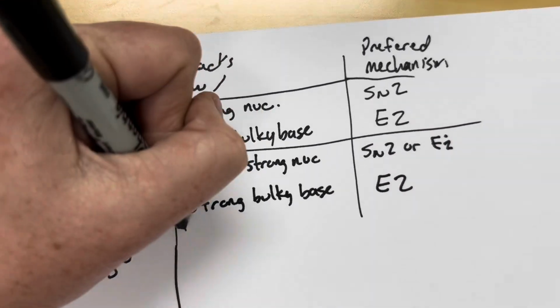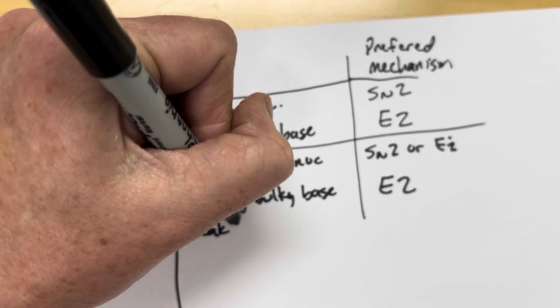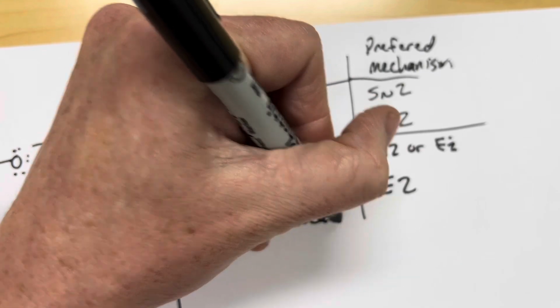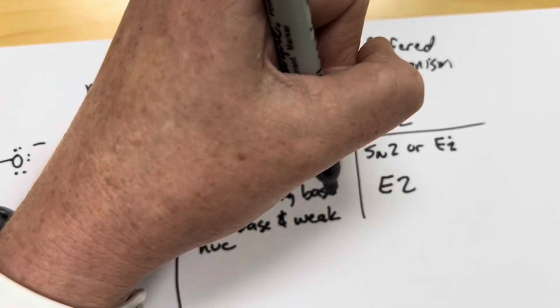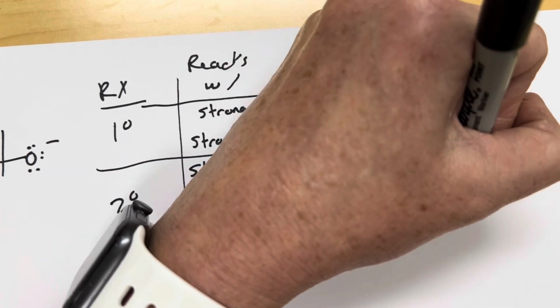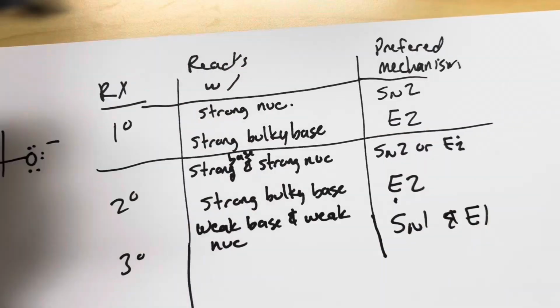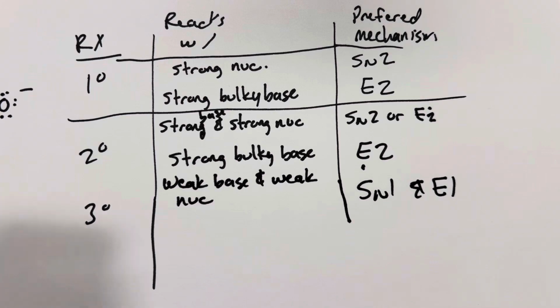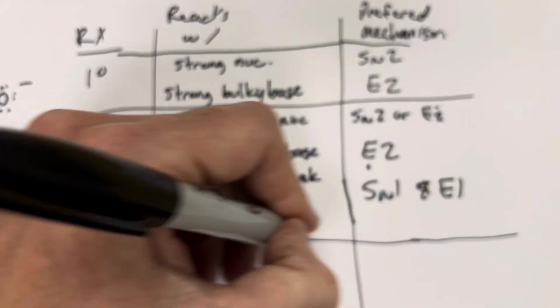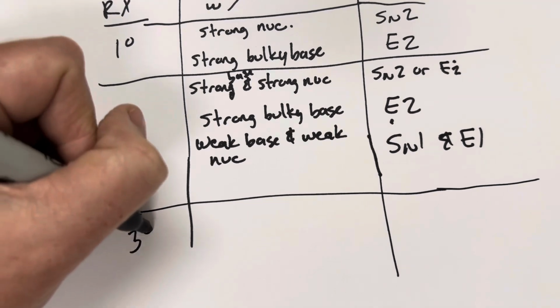And if you have a weak base and a weak nucleophile, then it's going to proceed via SN1 and E1, kind of like the examples we did in class. Okay, let me move this down. All right, now let's talk about tertiaries.